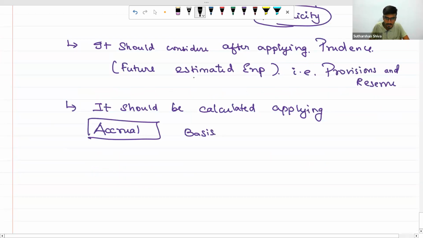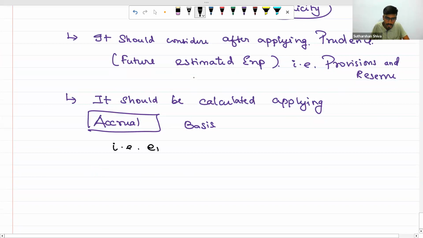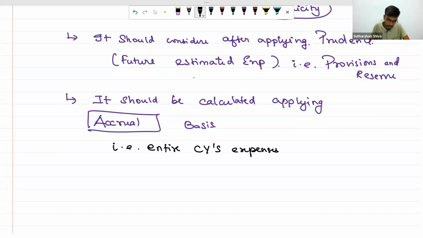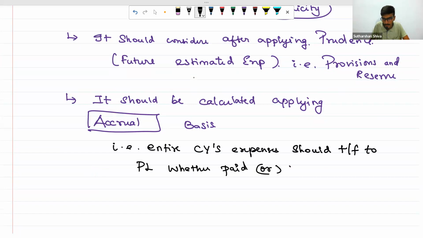The entire current year's expenses should be transferred to profit and loss account, whether paid or unpaid.